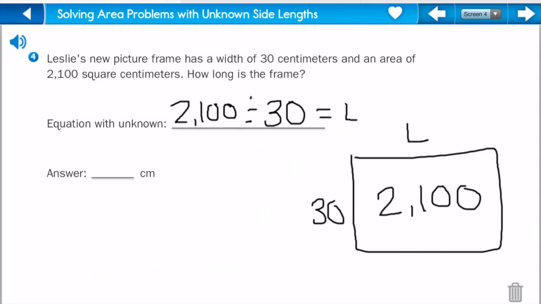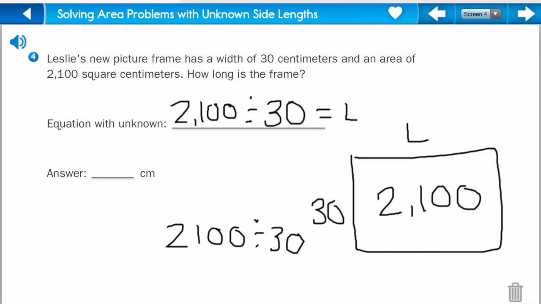Now I'm thinking, if I look at here, I'm like, that's a lot of zeros. But let's make it a little bit easier. So if I have 2,100, I'm dividing it by 30. I can think, well, what's a factor of these I do see?